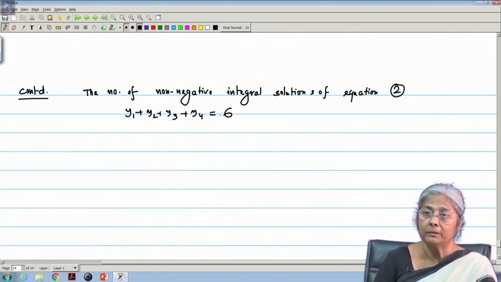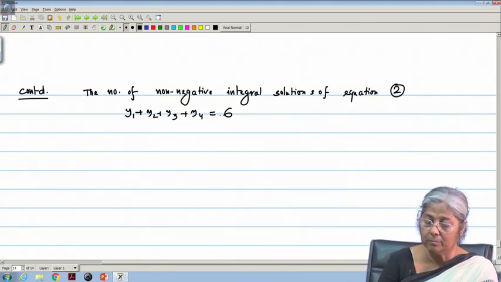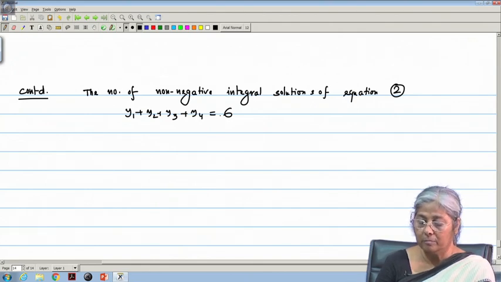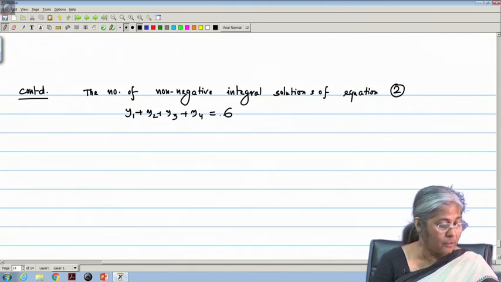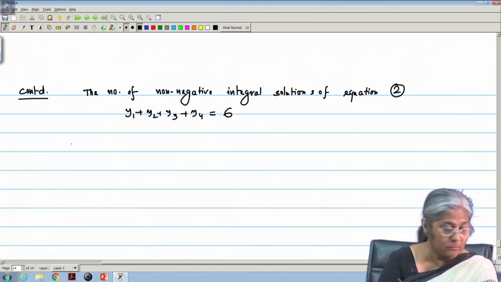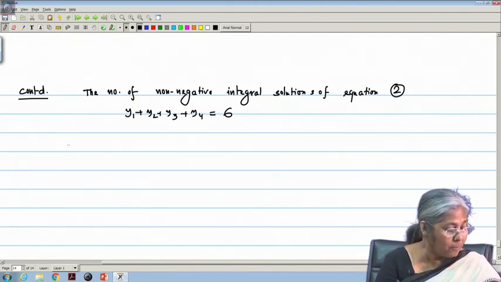So, now if we apply the theorem of the R combinations of multiset S, then I will get the number of non-negative solutions.